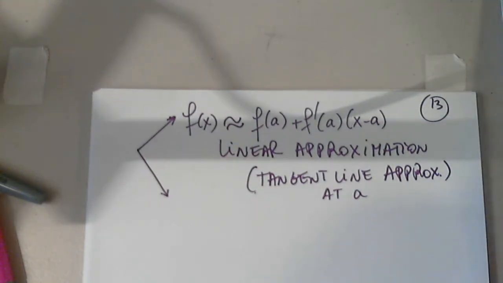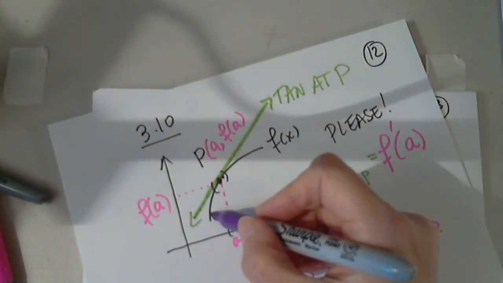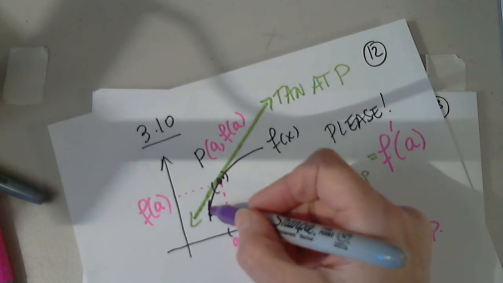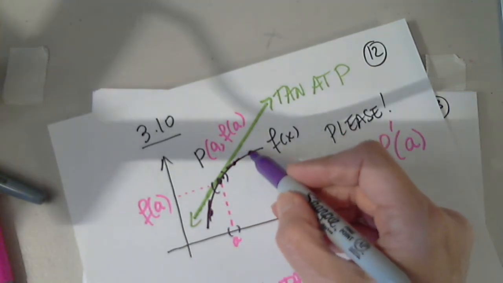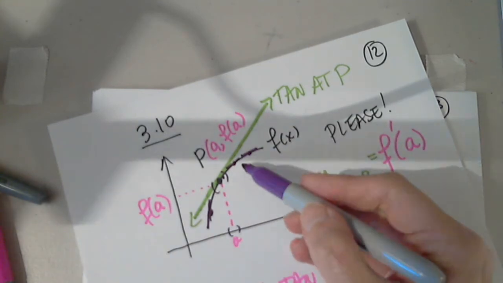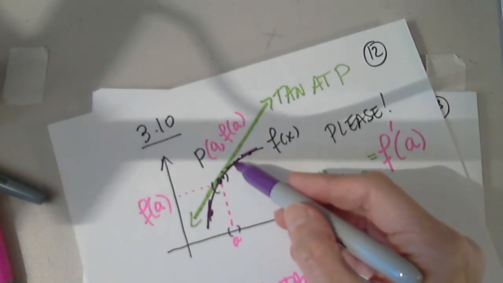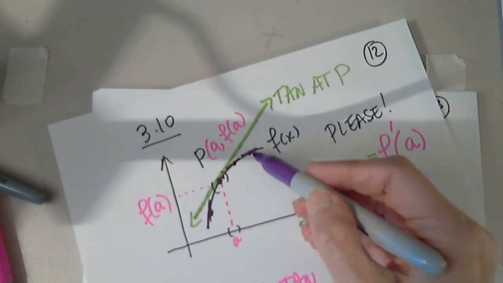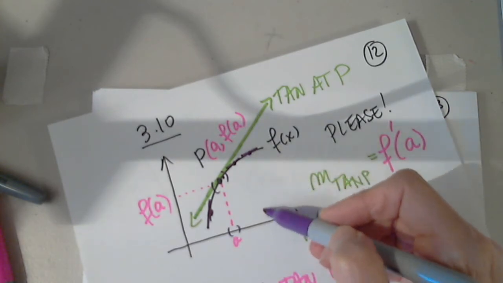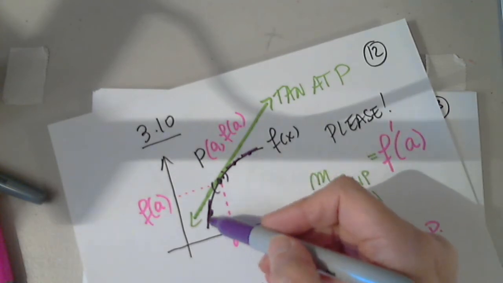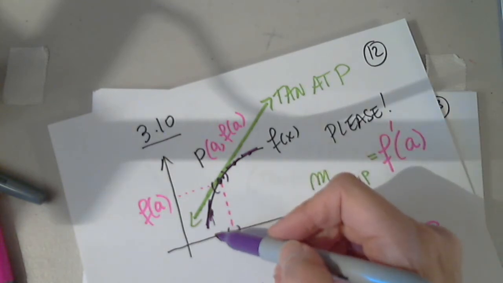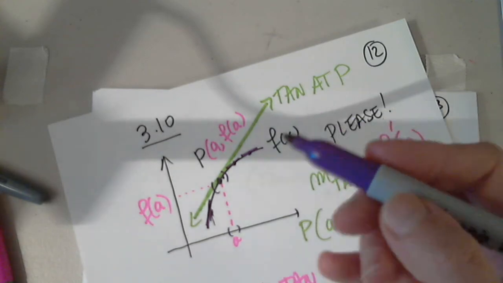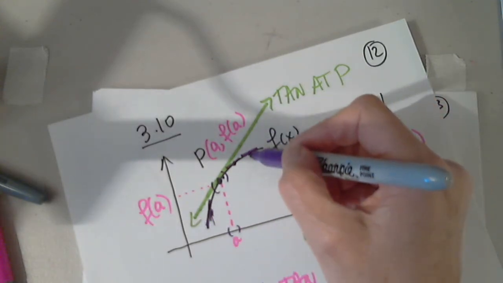So a function can be approximated by a line at any point where it's differentiable. This line will approximate the function near this value. This line will approximate this function f of x near this value. Of course, it's different. You cannot use this line to approximate here.